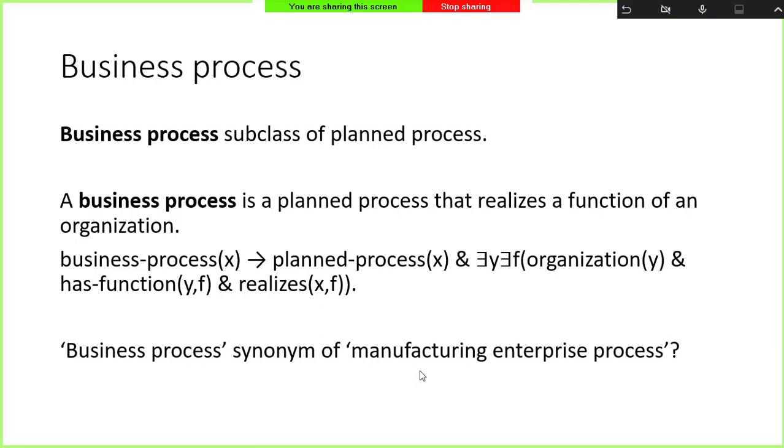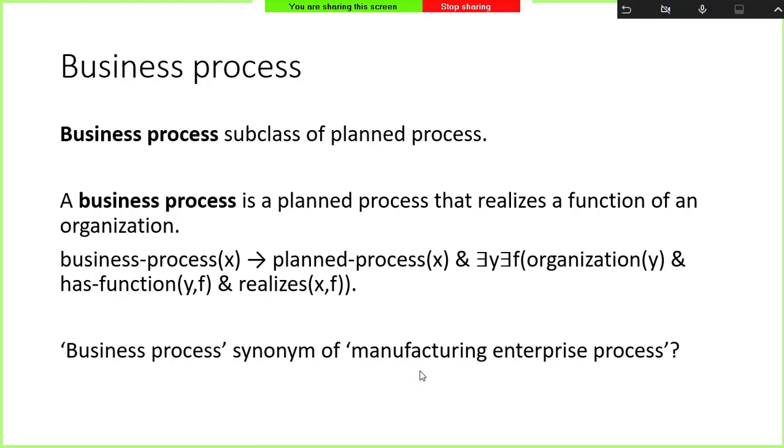Some people use business processes to mean just the commercial aspects of a manufacturing enterprise. I'm assuming that we mean the more general sense of business process, in which case business process is just a synonym of what I call a manufacturing enterprise process. Manufacturing enterprise process is included in the long document, the link to which was sent around.